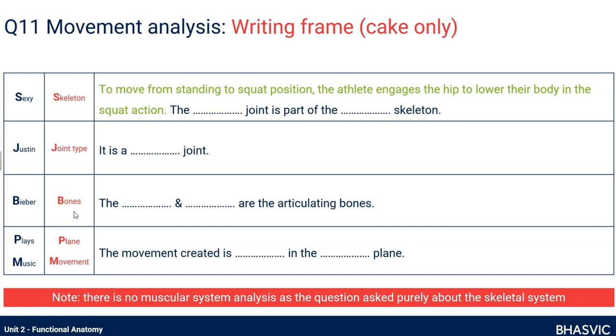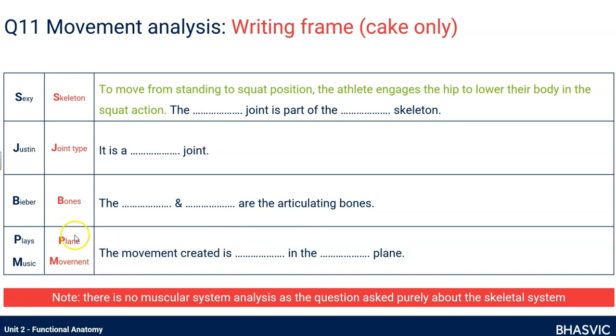Then we've got to account for the bones that make up that joint. So I've put 2 here. There may be more than 2 bones that articulate at a joint. There are definitely in some cases. But you could write the femur and tibia are the articulating bones, or the ilium or pelvis and femur are the articulating bones. Lastly, you've got to account for what movement is happening in what plane.